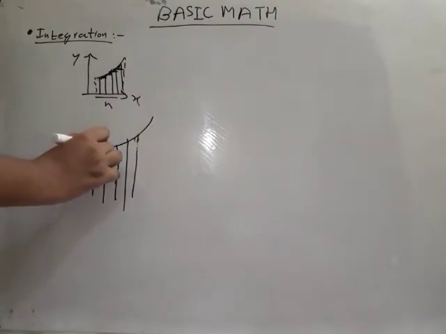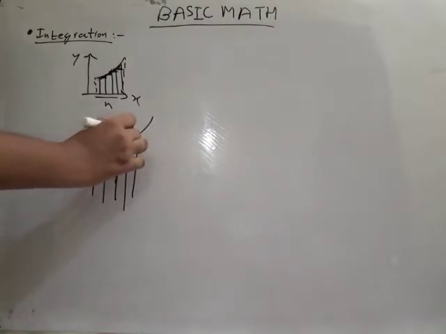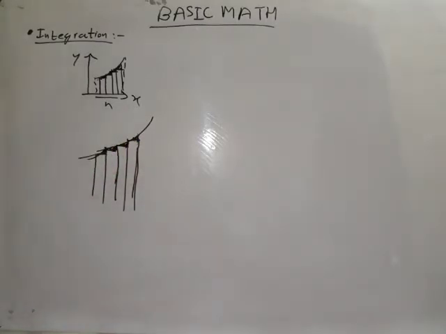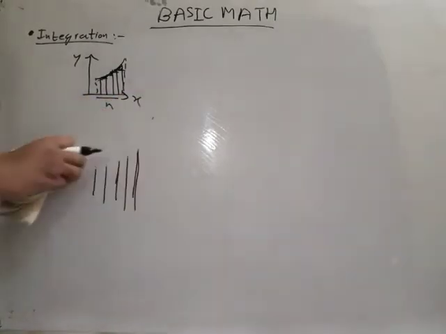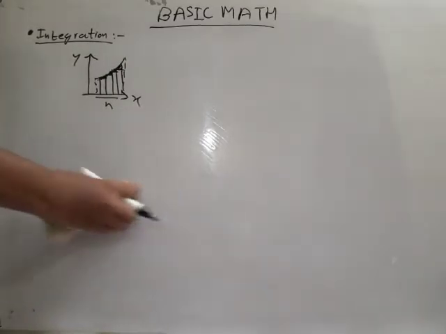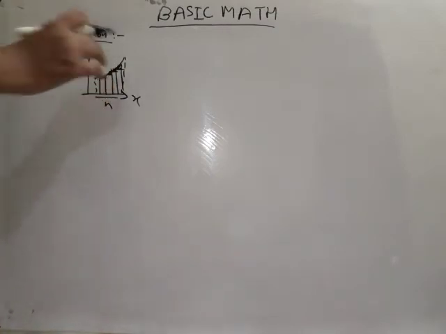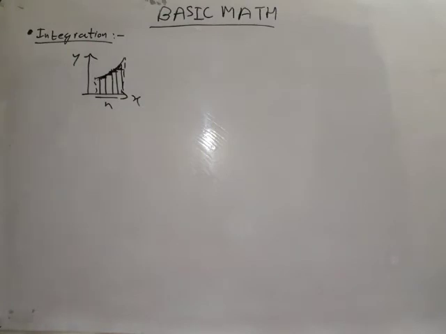So we see that now the area left out has been reduced compared to the previous one. Similarly, if I make the value of n infinite, as I am increasing the value of n, the area left out is decreasing. So if I make n equal to infinite, the area calculated through integration comes out to be equal to this. Now integration is actually the area under the curve.